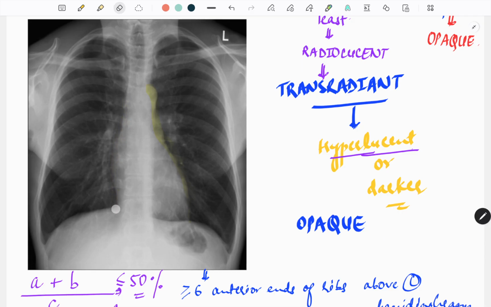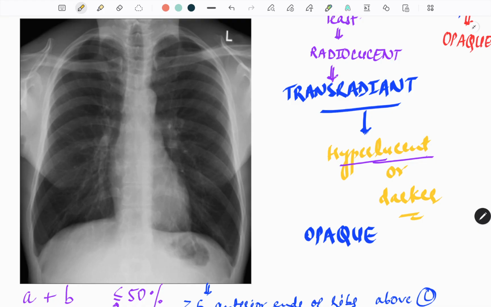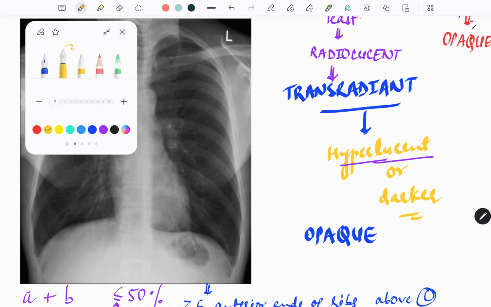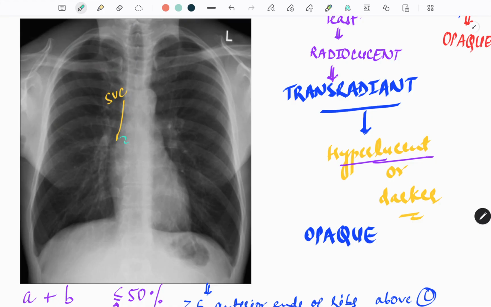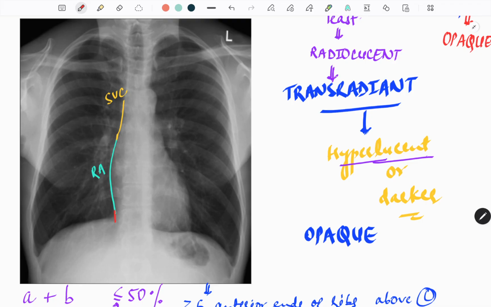Now we'll see what the different components making them are. Superiorly, the right cardiac border is formed by the superior vena cava, then the right atrium, then the IVC.